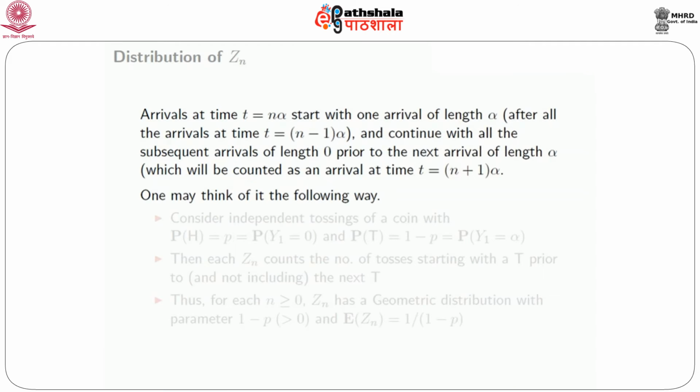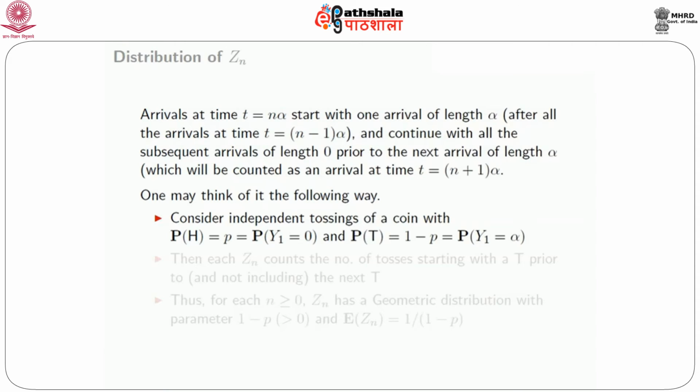So arrivals at t equal to n alpha start with one arrival of length alpha after all the arrivals at time t equal to (n minus 1) alpha have been completed, and continue with all the subsequent arrivals of length 0 prior to the next arrival of length alpha, which would be counted as an arrival at time t equal to (n plus 1) alpha.